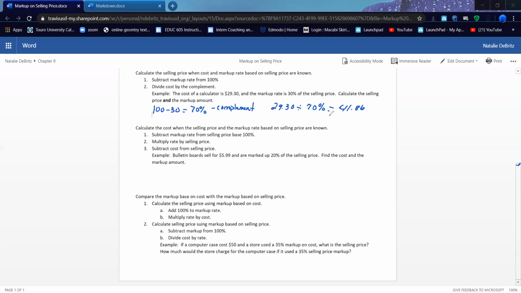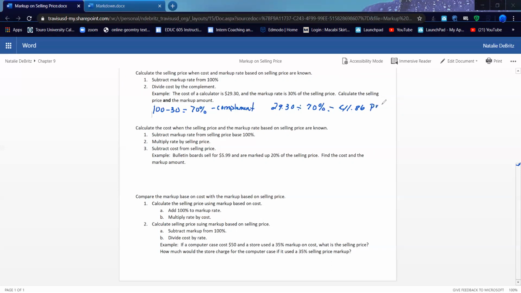So that will give me the price, and then the markup amount is actually found by subtracting the cost from the selling price. So the selling price is the $41.86. This is the price right here.